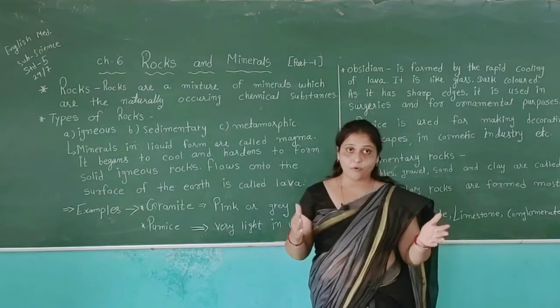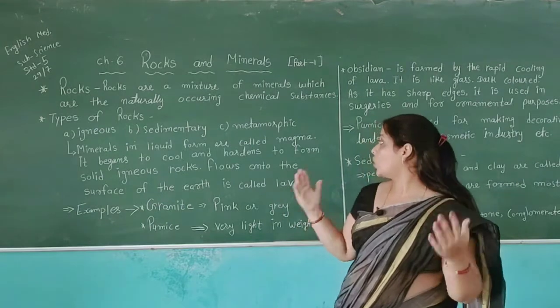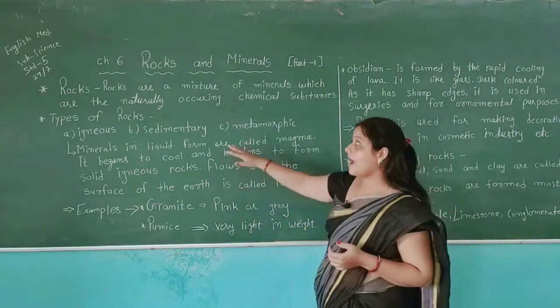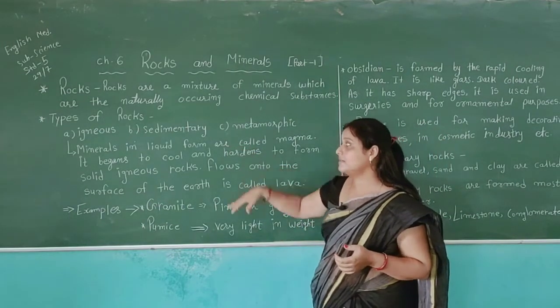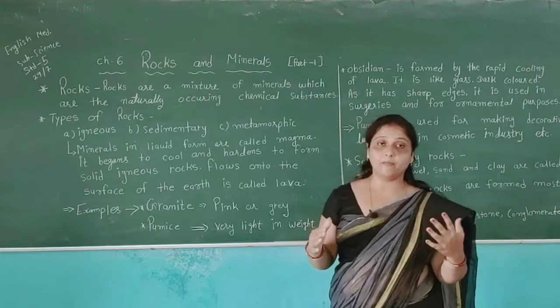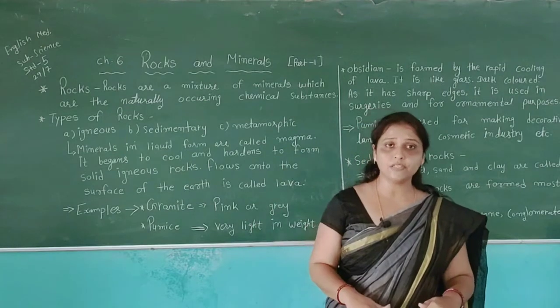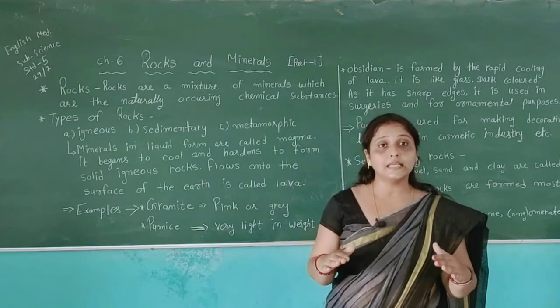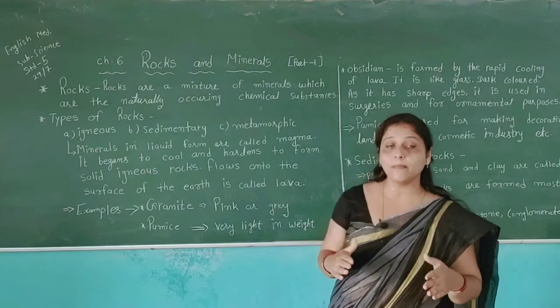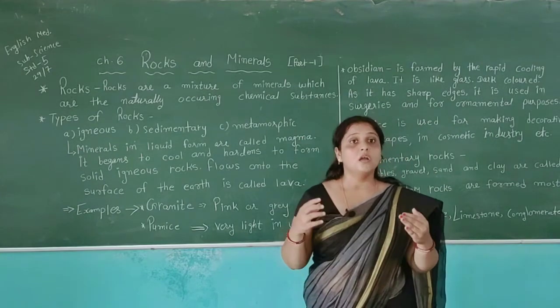Minerals in liquid form are called magma. I have written here, minerals in liquid form are called magma. That means under the surface of the earth there is a large amount of heat available.